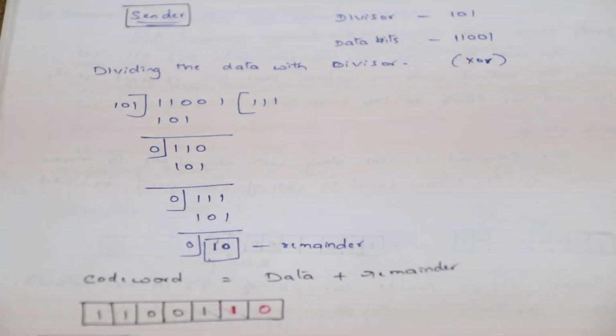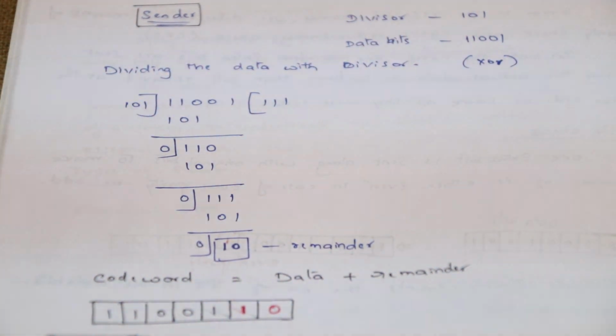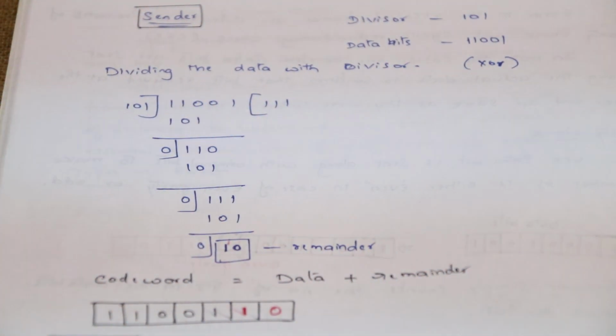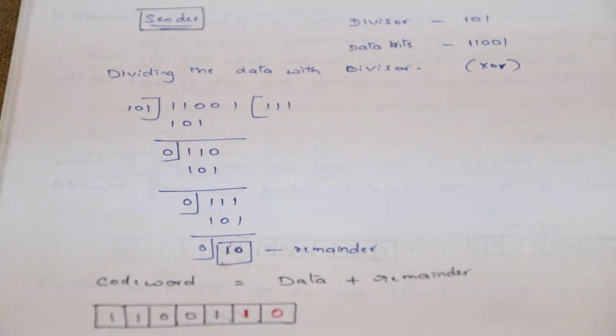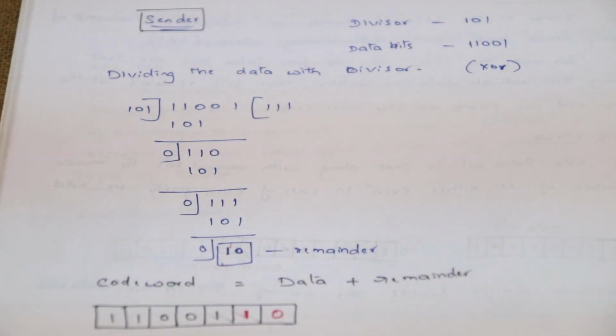That particular data, after embedding with your actual data, we call a code word. We are going to transmit this code word to the receiver.